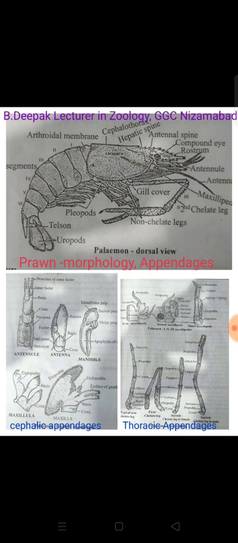There are two names for the abdominal appendages: pleopods or swimmerets. The terminal part of the abdomen consists of a conical piece, which is called the telson.